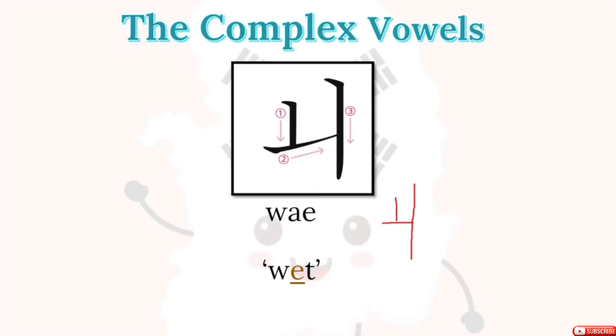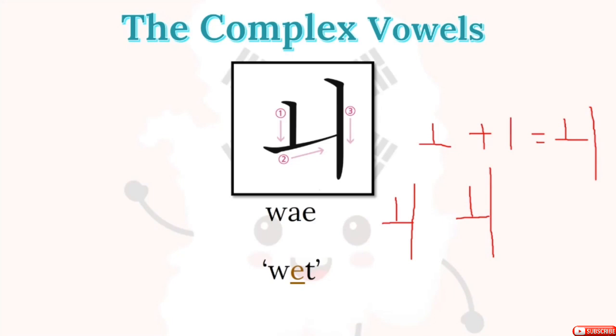If you could already tell, this is a combination of O plus E, and that becomes we. So O and E, we. One more time. Oh, too long, but it's okay. All right.